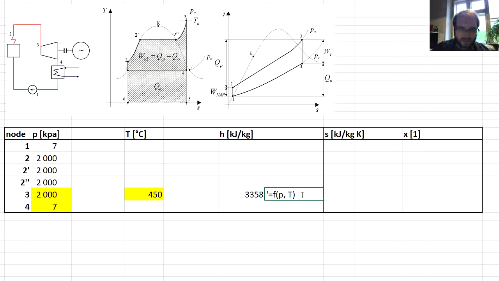This consideration of it as a function of pressure and temperature is especially important if you would consider computer programs, or not only computer, now you can also get mobile phone applications with the steam properties. In these systems, you say that you want the enthalpy as a function of this pressure and this temperature.